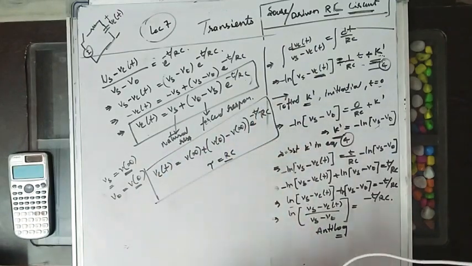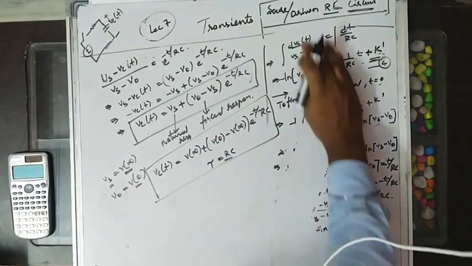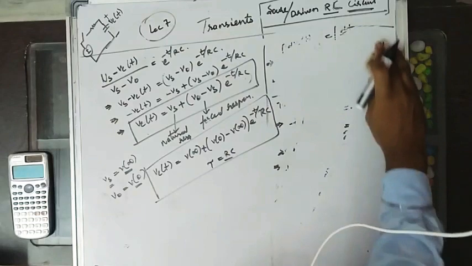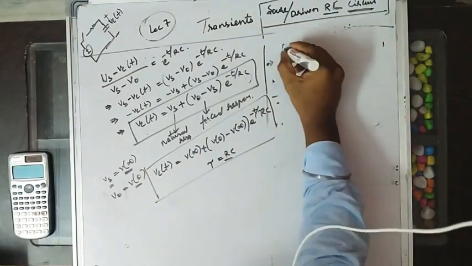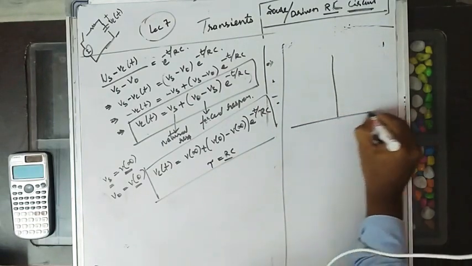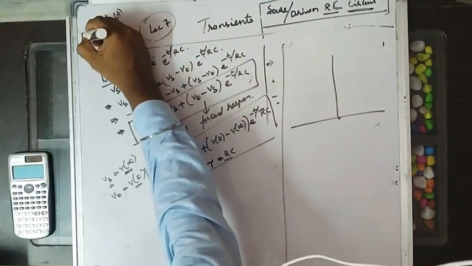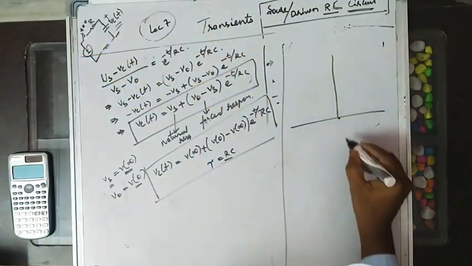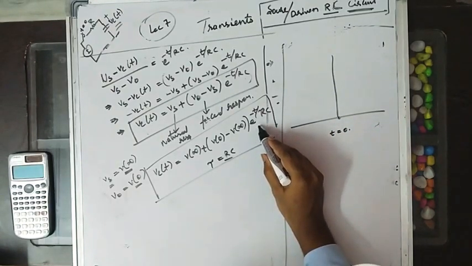Okay, so if you want to give the response for this equation, say for example I'm drawing the graph of Vc of t for this circuit, where the source is acting at t equal to 0. At t equal to 0, substitute t equal to 0 in this equation.